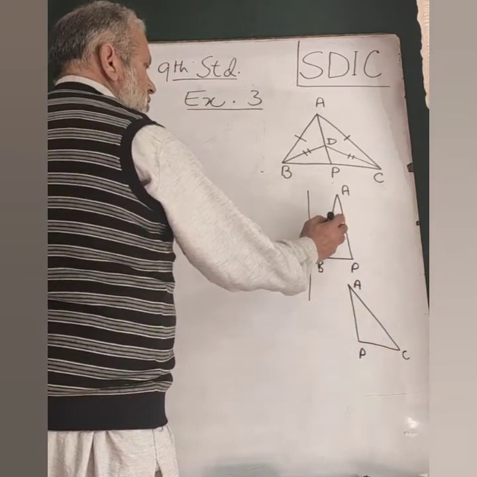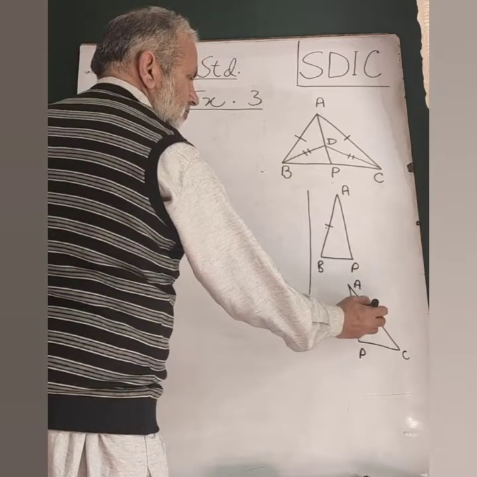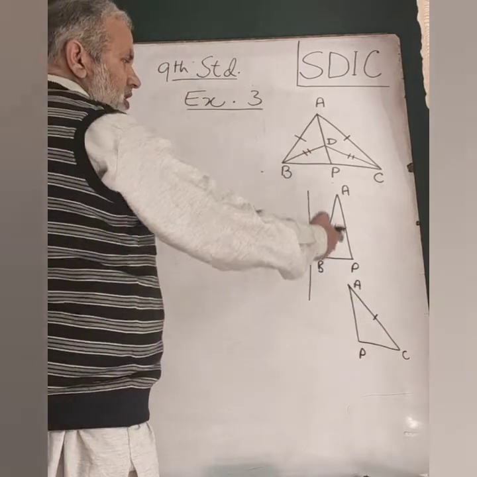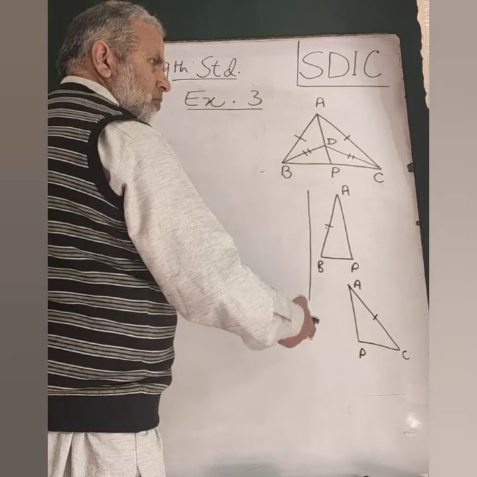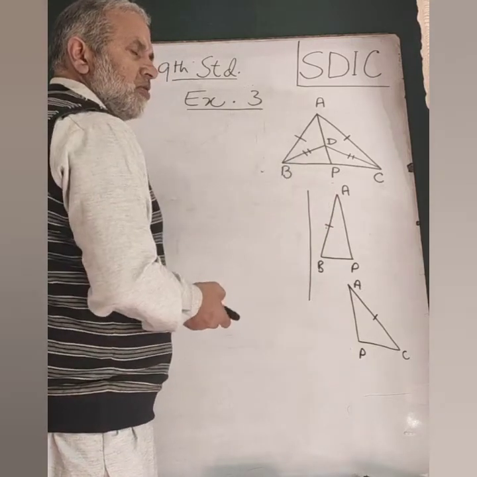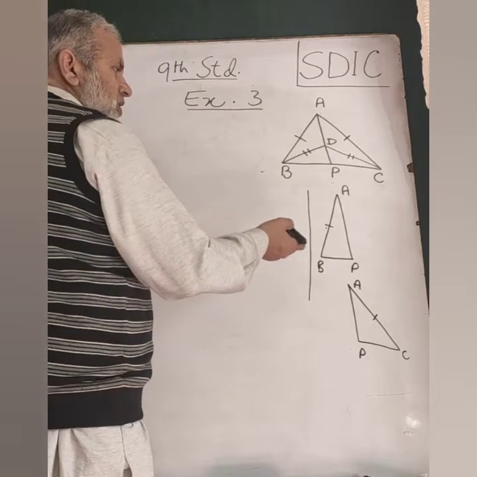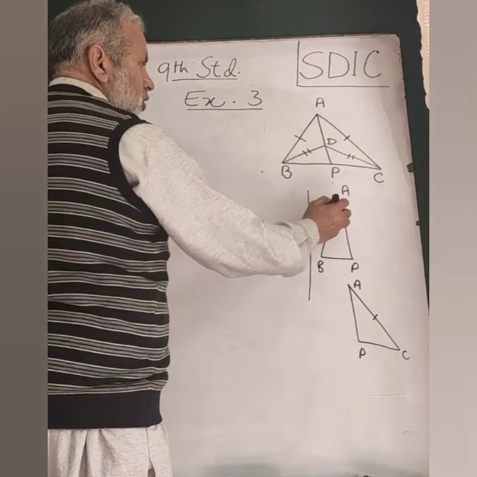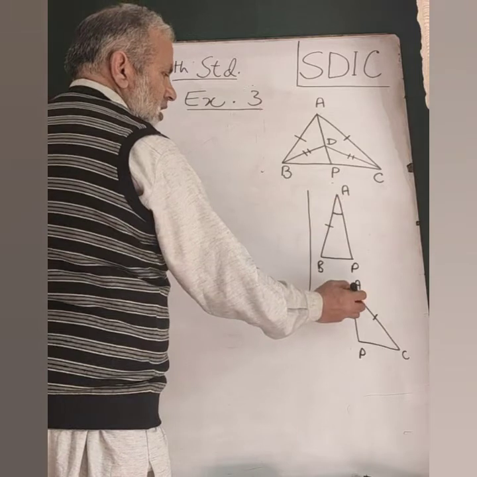We have AB equal to AC. Then you can again see there is a common side. AP is the common side. Previously AD was the common side. Now AP is the common side. This will be the second point. And then third, just now we have proved, according to CPCT, this angle equal to this angle.